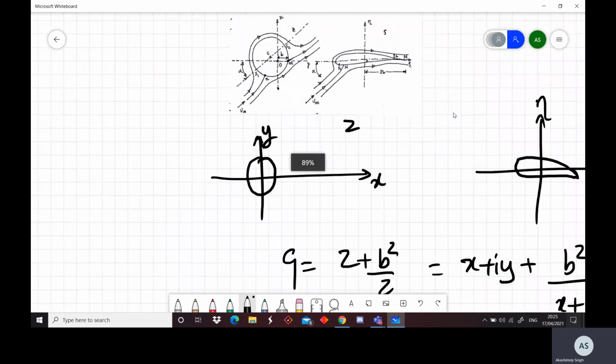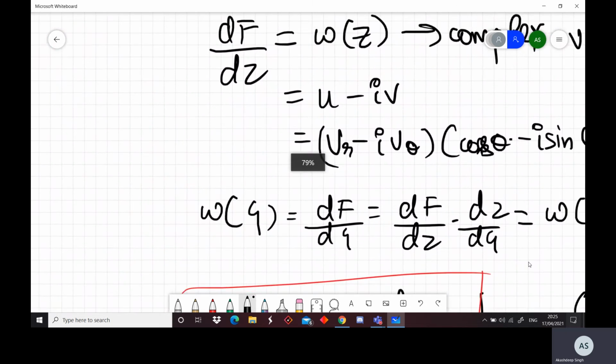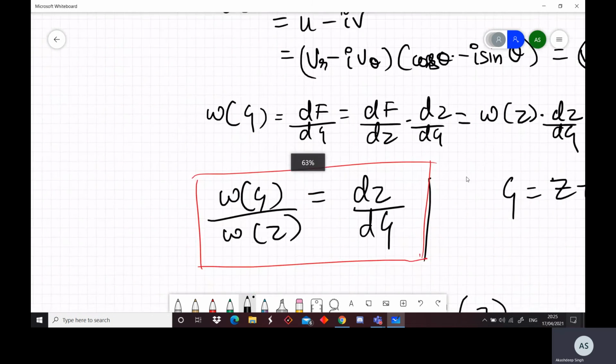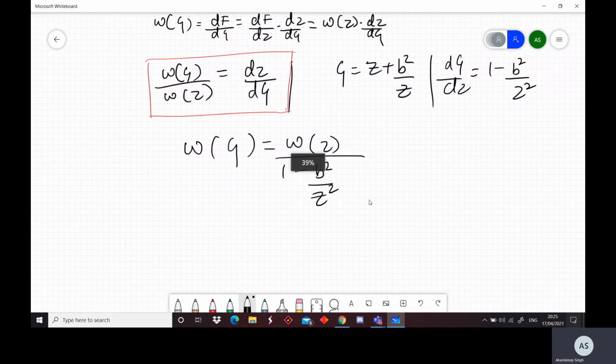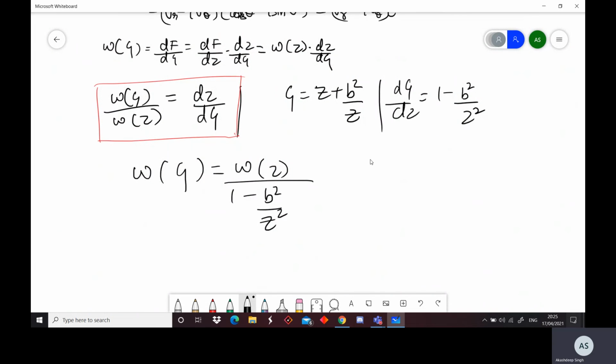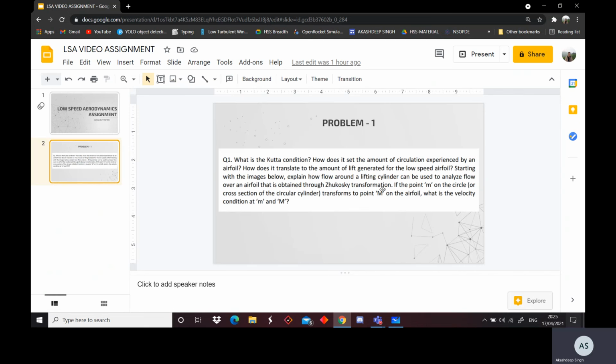Why is that? When we put z equal to b in this expression, zeta becomes 2b. So that is why point M transforms to point capital M.